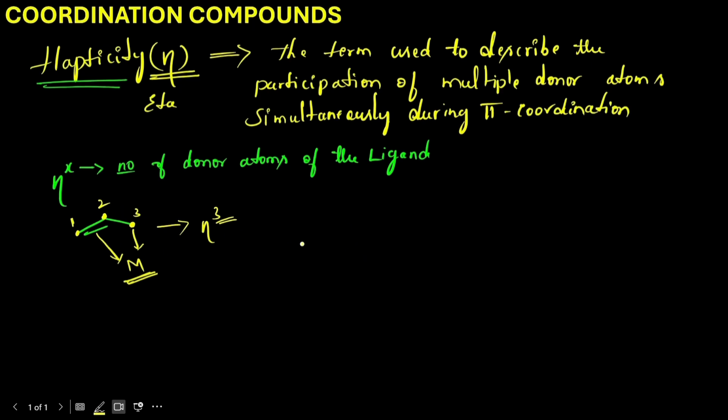We will take one more example, that is C5H5 minus. If you write the structure it will be like this. Okay, here negative charge. It is named as cyclopentadienyl, which can also be written like this.